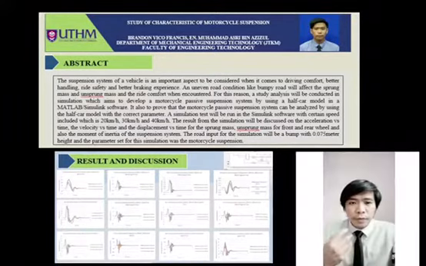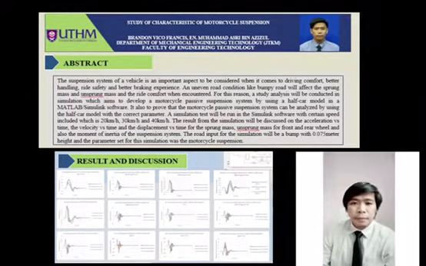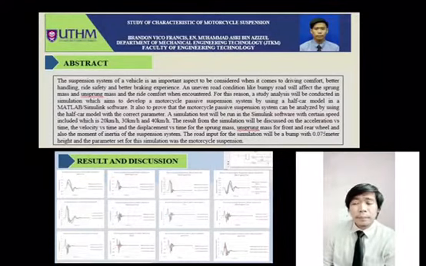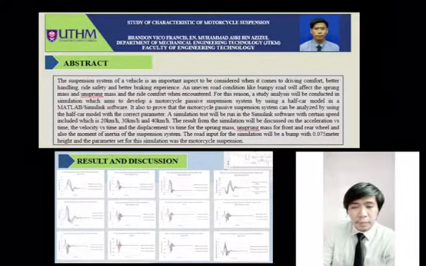Now we proceed to the unsprung mass of the system, which is the front and the rear wheel of the suspension system.